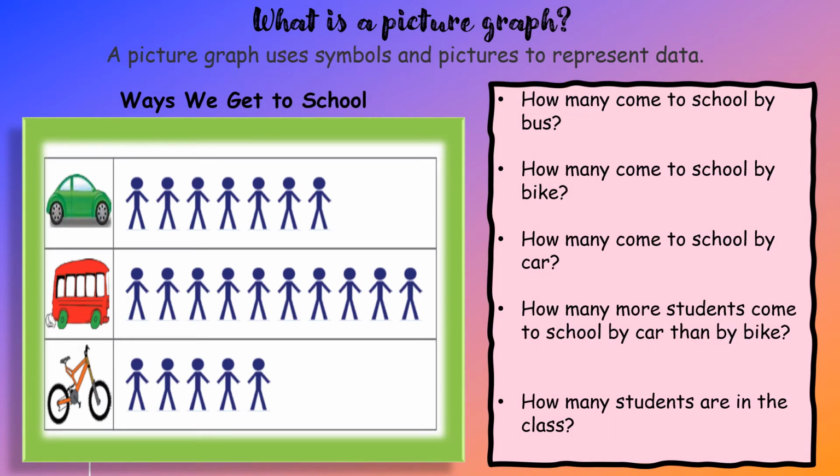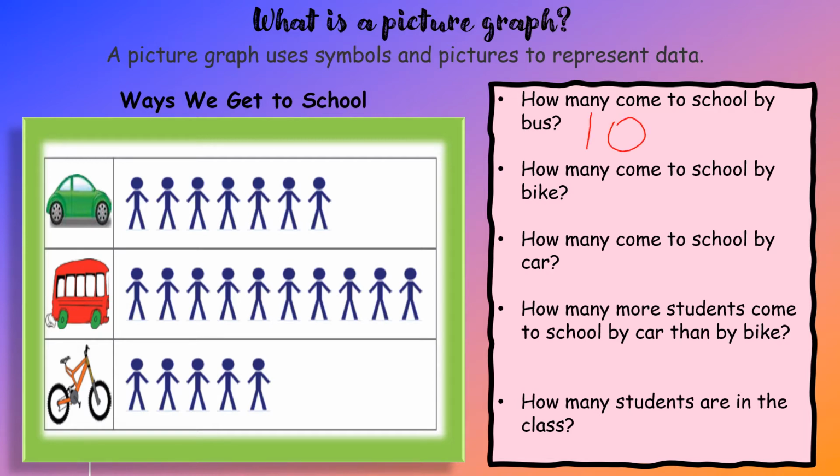All right, the first question says, how many come to school by bus? So let's go to the picture of the bus and let's count how many students get to school by bus. 1, 2, 3, 4, 5, 6, 7, 8, 9, 10. So 10 kids come to school by bus.